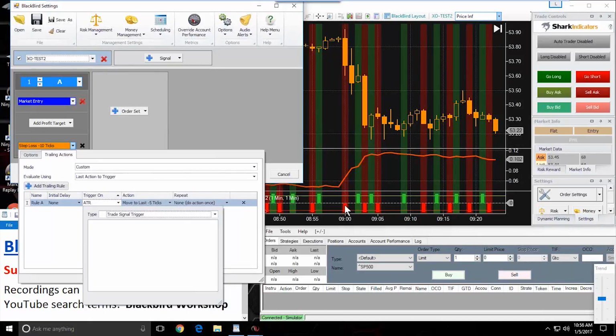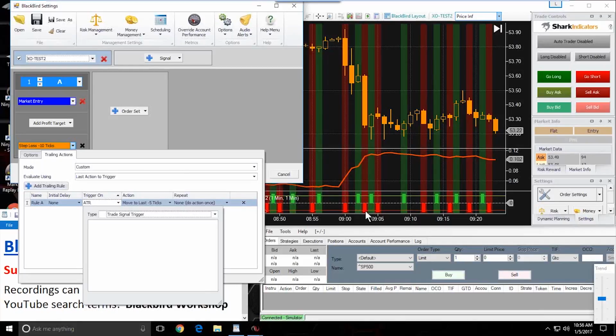right? And then say the next short trade trigger comes in, this next short one here at about 9:03 a.m., right there where my cursor is.